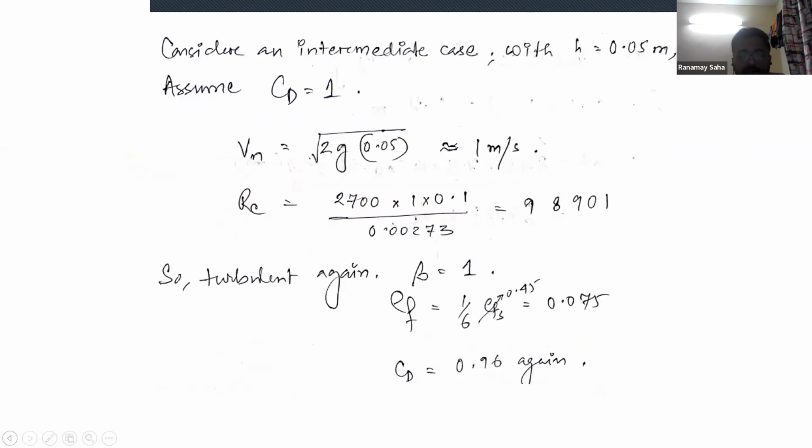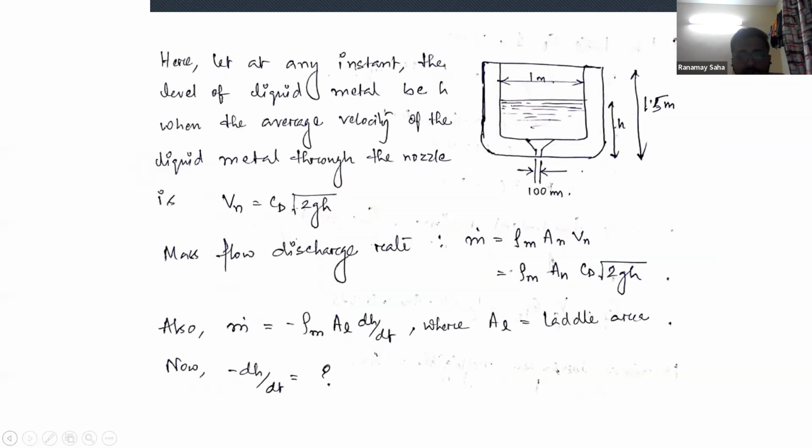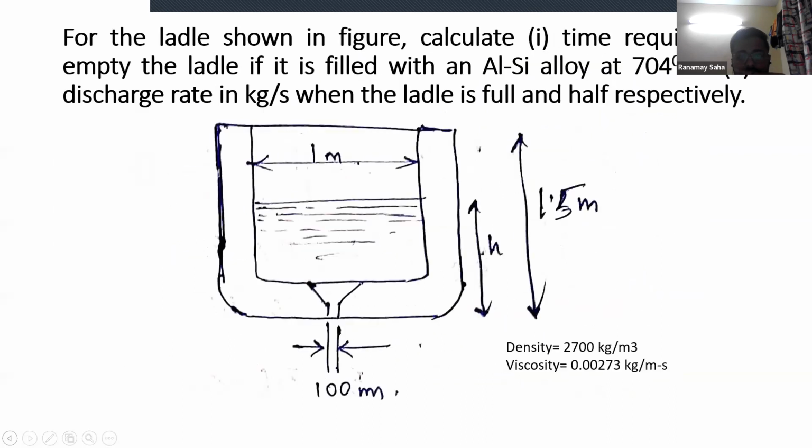Another question was to find this discharge when the ladle is full, which you have found out, and then when it becomes half. When the ladle is half filled, the height comes down to 1.5 by 2, isn't it?